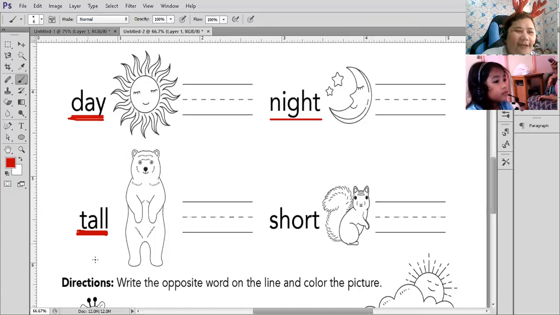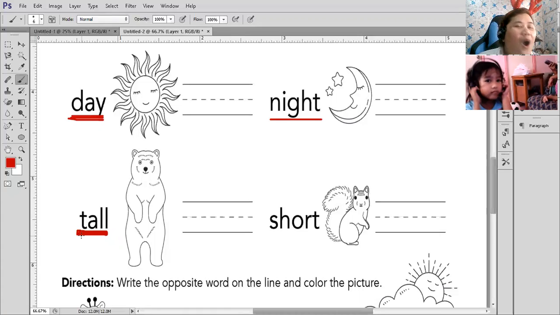Aling maliit? It starts with letter T. Tail. Is it tail? The sound of the letter A is short. How do you sound the letter A here?